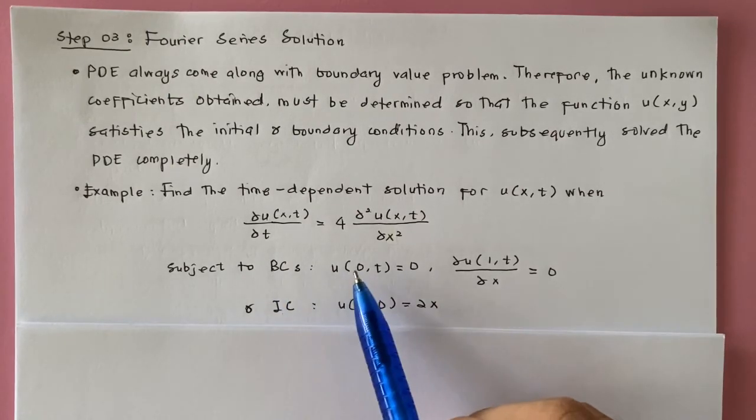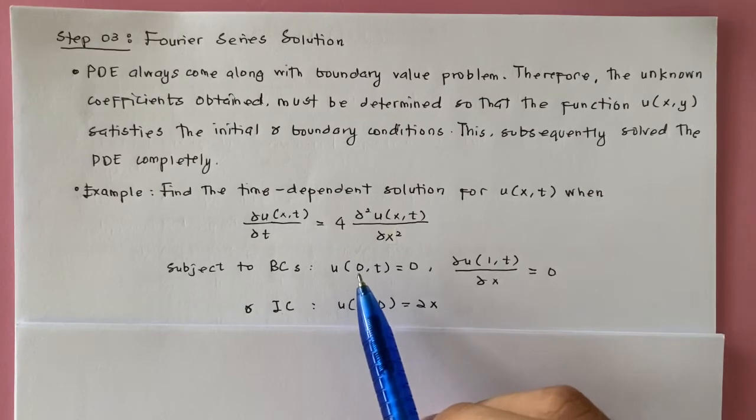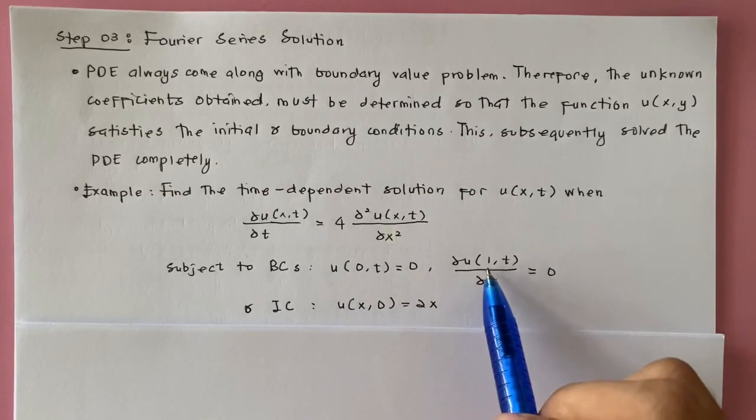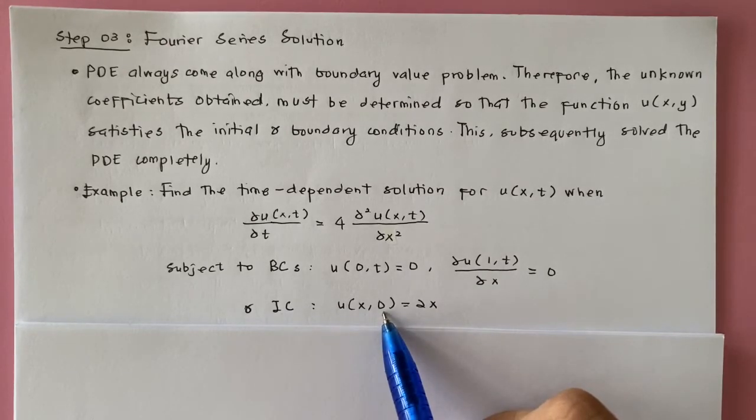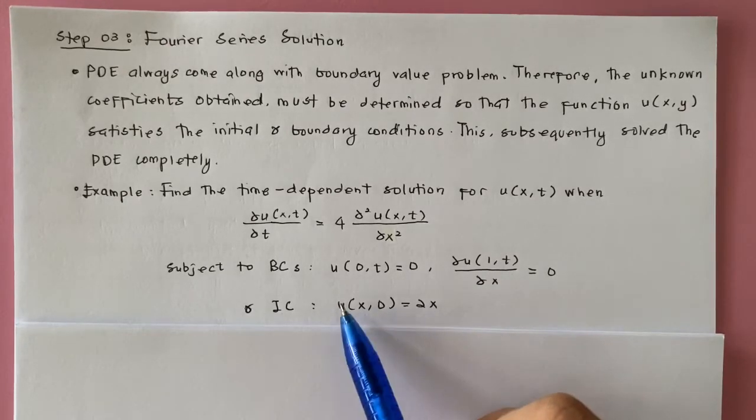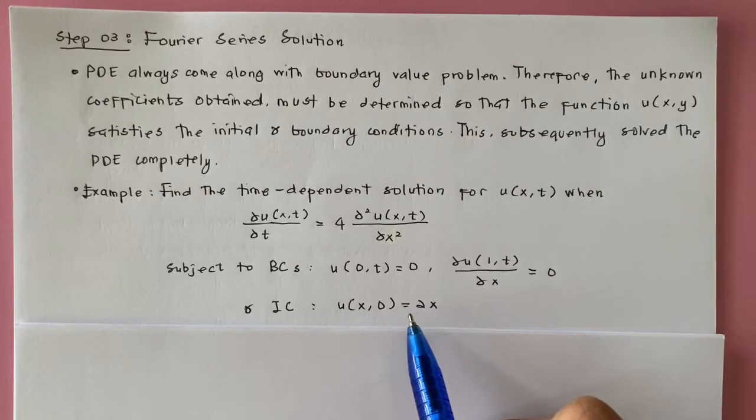For the boundary condition, we substitute the value of x. For this one you have x equal to 0, and this one you have x equal to 1. For the initial condition, we substitute the value of t. t equal to 0, so your u is equal to 2x.